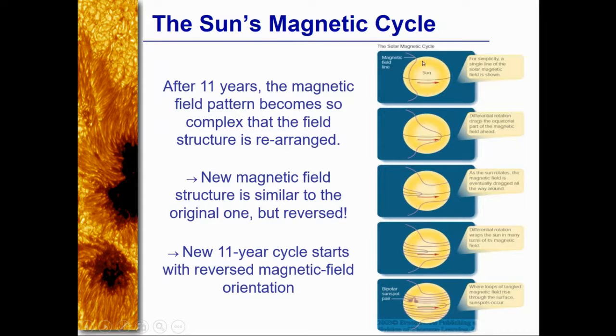So if we have just one magnetic field line, and the sun has a differential rotation that I already told you, what will happen to this line? It's going to be deformed. It's not static like what we have for permanent magnets. So it's going to change its shape with this differential motion.